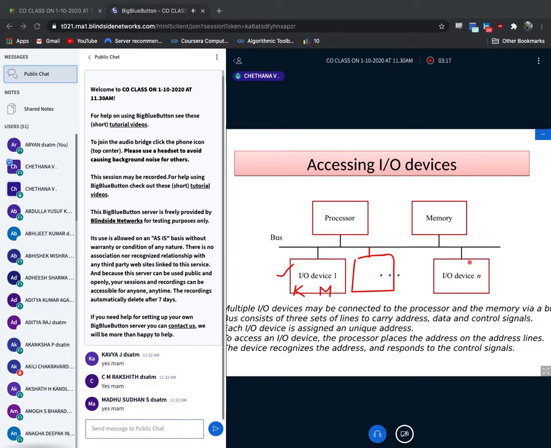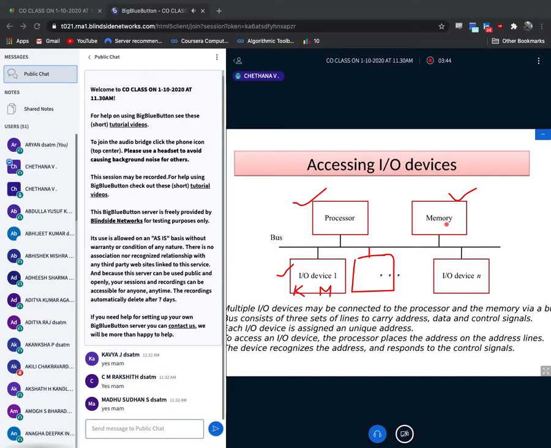All these devices should communicate with my processor, isn't it? Here there is one processor. In order for an input or output device to communicate with the processor or with the memory, either can be used; both are acceptable. Sometimes whatever you type should reach your processor, and sometimes it could reach memory also.